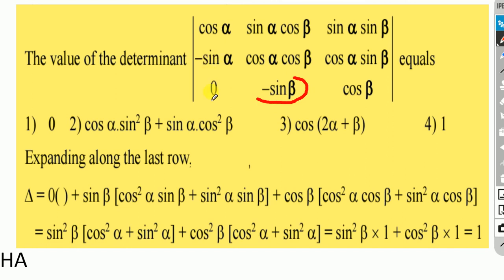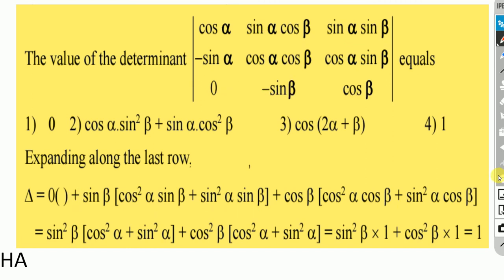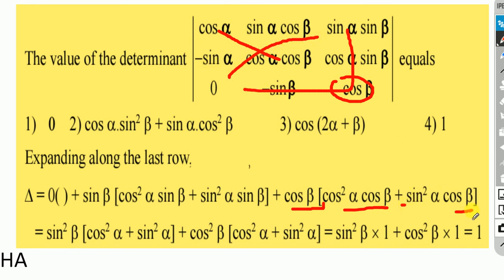Minus, I have here plus, minus, plus, I have minus here, minus into minus, plus sin beta into, so you leave this column and this row, cos alpha into sin beta, that is cos square alpha sin beta, plus, because I have a minus sign here, minus of minus sin alpha into sin alpha sin beta is sin square alpha sin beta here, and plus cos beta into cos square alpha cos beta minus of minus plus sin square alpha cos beta.